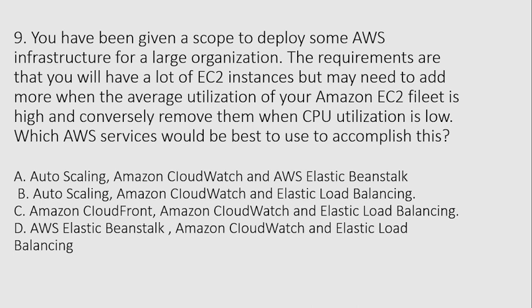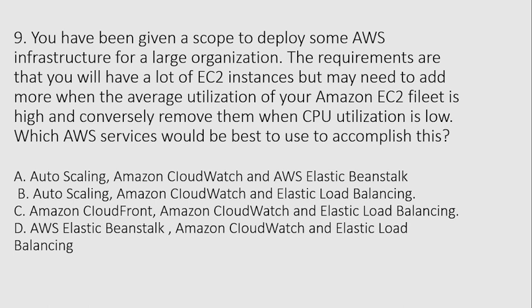For example, you can set a condition that adds EC2 instances in increments to the auto-scaling group when the average utilization of your Amazon EC2 fleet is high, and similarly you can set a condition to remove instances in the same increments when CPU utilization is low.